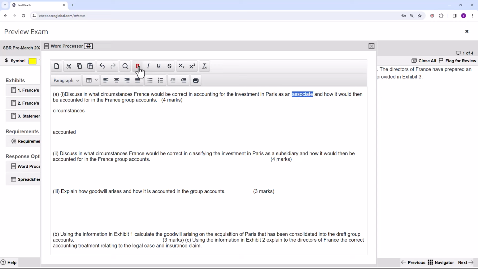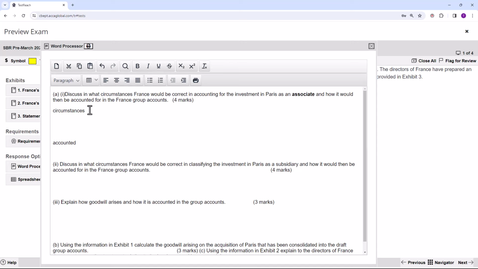Now, you have access to a nice, neat, typed answer, but I'm going to suggest to you that in any answer, a marker is looking for that key word, that key phrase, significant influence. And significant influence is not a number, but it comes from having board representation. And that's another phrase you should be including in your answer.